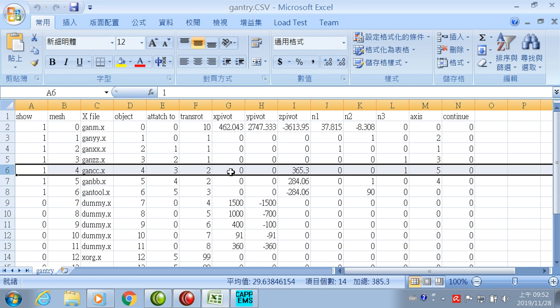The pivot points SYZ is 0, 0, 365.3, and the rotating axis is 0, 0, 1, rotating around z positive direction using the motion control card 5th axis.